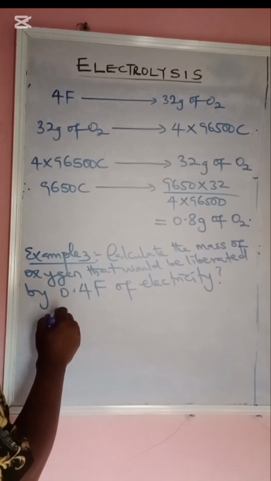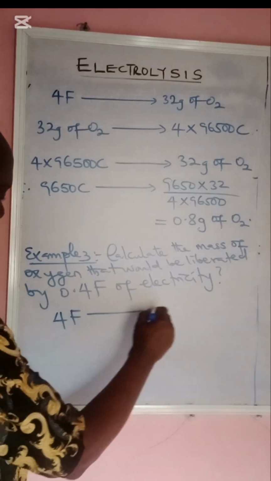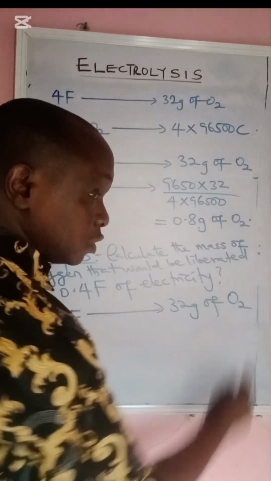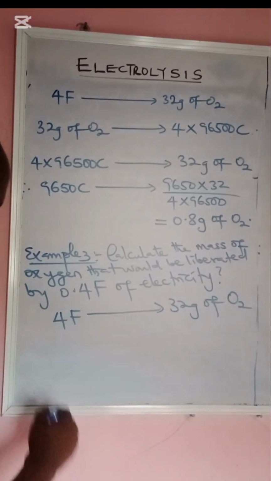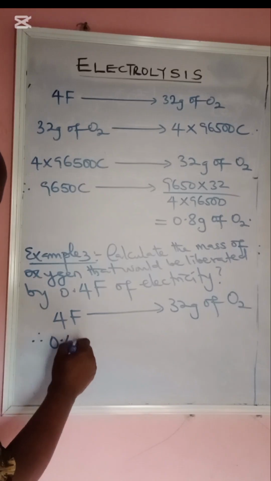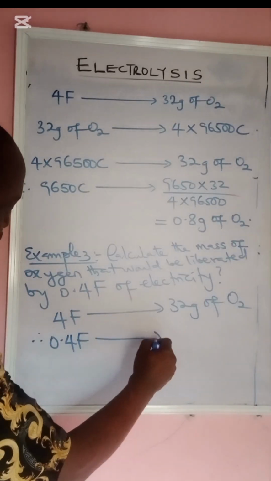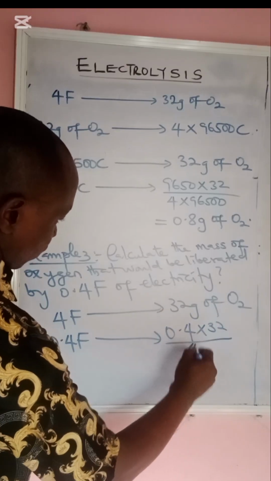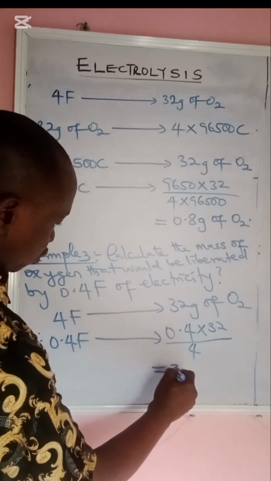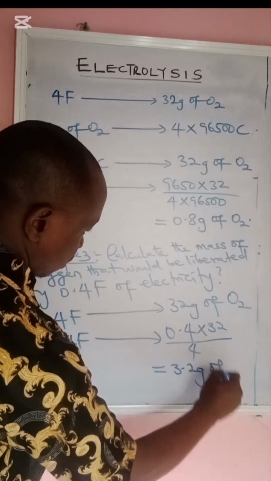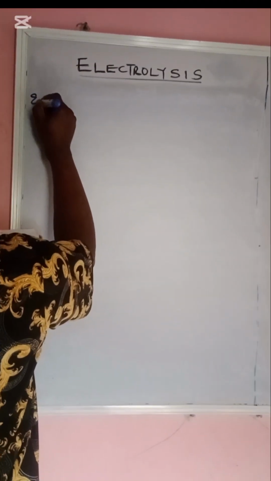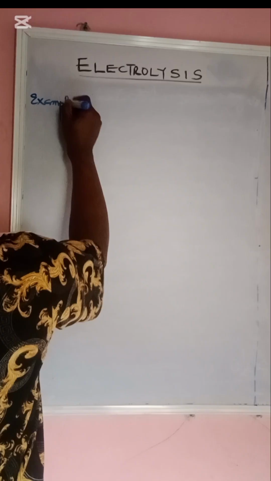Oxygen, 4 Faradays, 32 grams of oxygen. 16 times 2, that's 32 grams. Therefore, 0.4 Faraday gives you 0.4 times 32 divided by 4. So it will give you 3.2 grams of oxygen gas. So that is how. Let's see example 4.